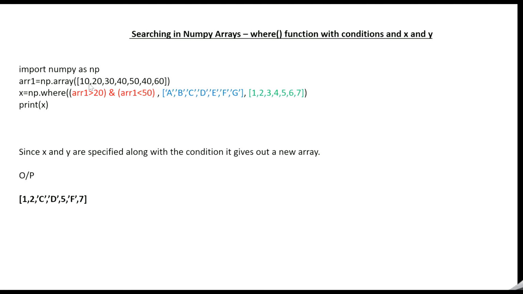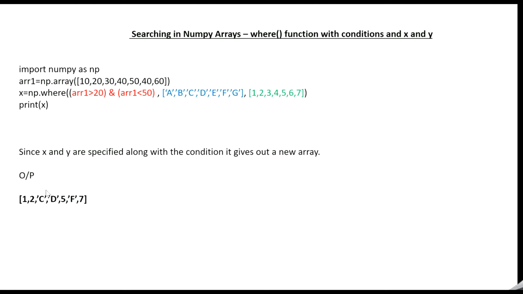So for the first element 10, the condition fails. So it takes 1 and gives 1 in the output. For the second element 20, the condition fails. It takes from the false list and prints 2. For the third element, the condition turns out to be true. That is, it is greater than 20 and less than 50. So it will take C, the third element.